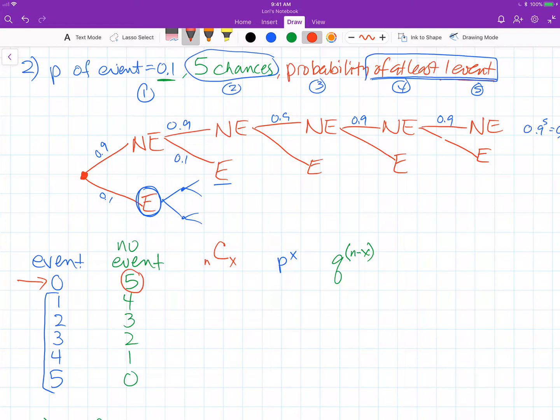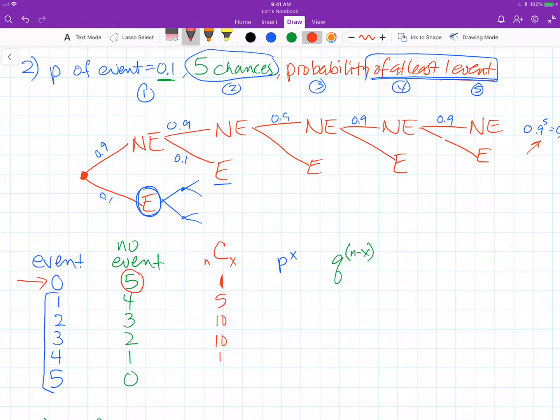Again, we could also calculate this same number by remembering that we could just calculate out all of these numbers. Here we have one possible way of achieving no event 5 times in a row, 5 ways of achieving 1 event and 4 no events, and so forth. We can fill this in.